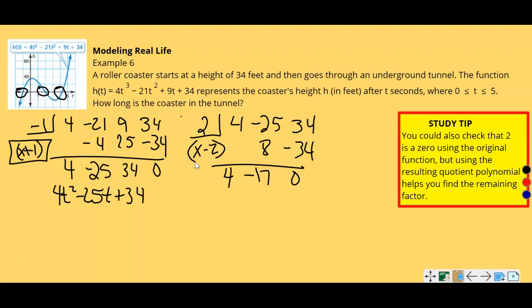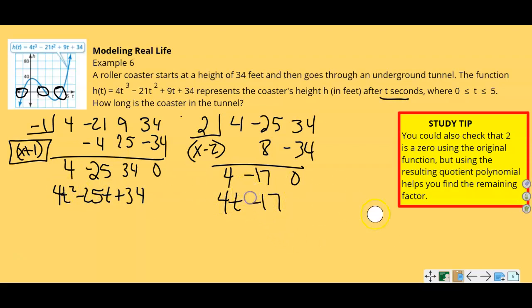If I want the factor, and I'm using x, I probably should be using t, but we'll change it here in just a minute. And then I have 4t squared minus 17. So if I want to put that as a factor and set that equal to 0, that's not squared because it was squared over here, and I've already factored that out.